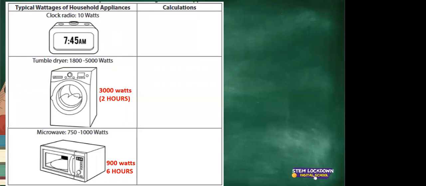So with our clock, we need to take the watts. Now, the watts are always written at the back of your appliances. At the back of appliances, there's always a sticker, and on that sticker, it specifies the volts, the watts, and any other information related to that appliance.